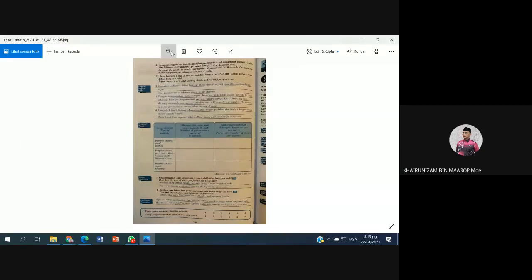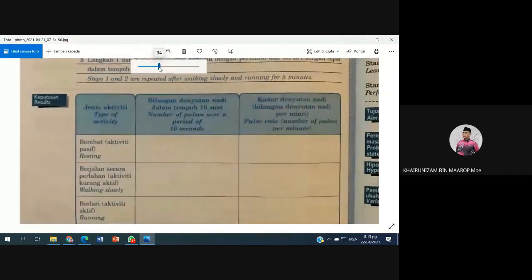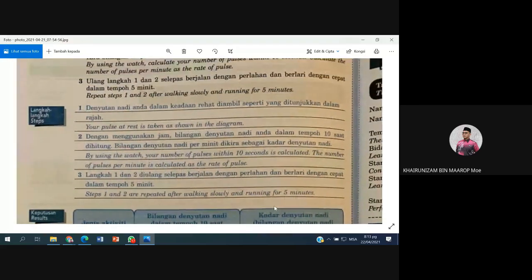Next, you need to write your report for the steps. The first step is your pulse at rest is taken as shown in the diagram, and then you write your result. Step 2, by using the watch, your number of pulse beats within 10 seconds is counted.